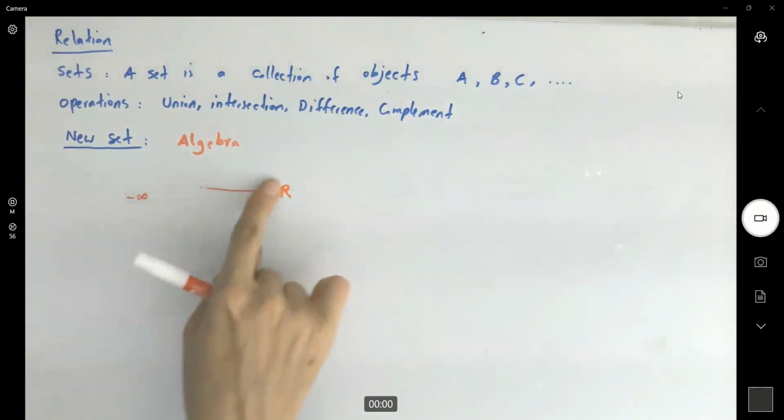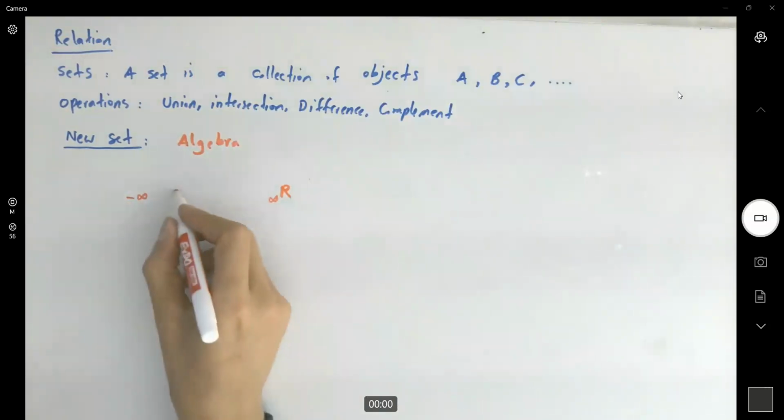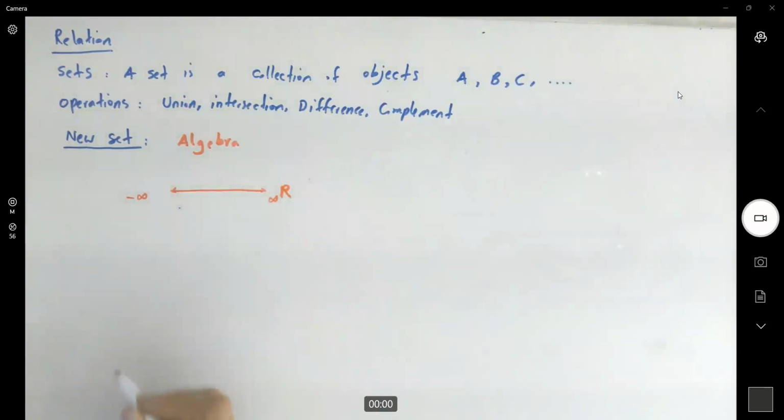Then you move to pre-calculus, calc 1, and we said that we can move this one-dimensional space into a two-dimensional space.